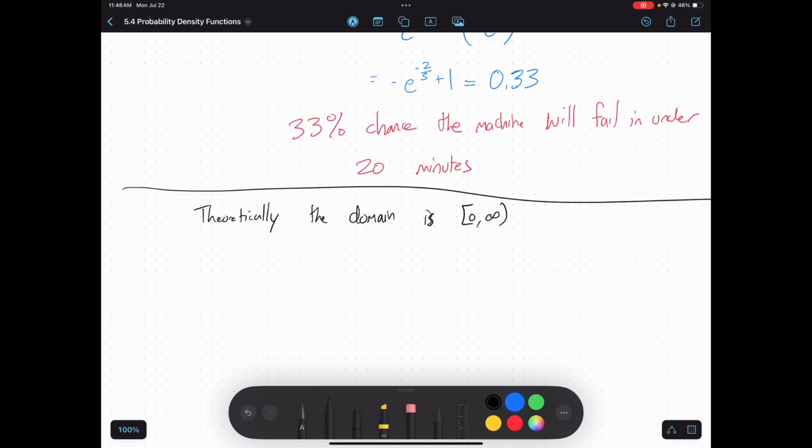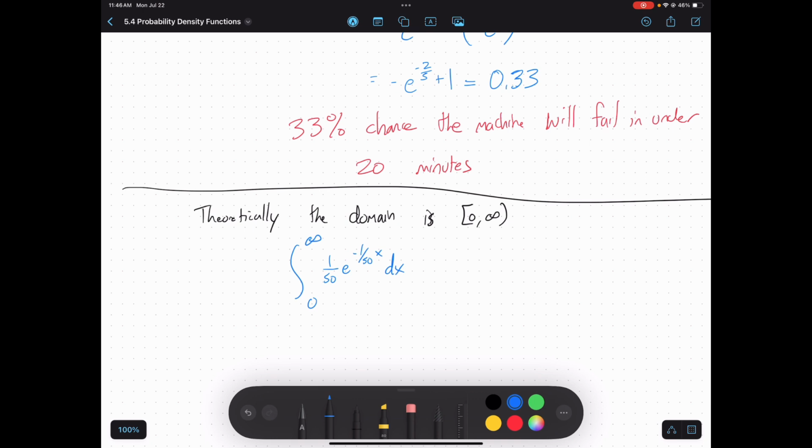So let me ask you this question. What would happen if I integrate this function over its entire domain? Well, it's a probability density function, so what should this integral tell me? It should tell me the probability or the percent chance that the outcome will fall within this range from 0 to infinity.